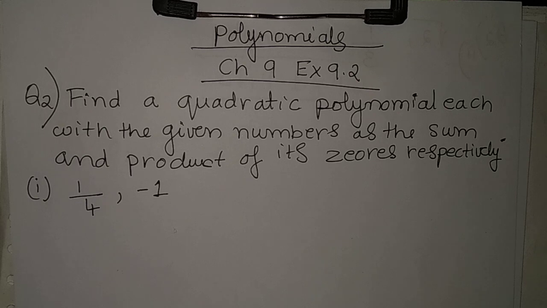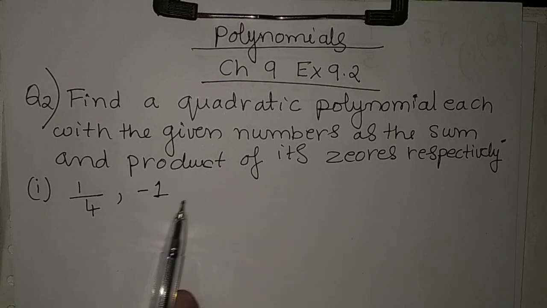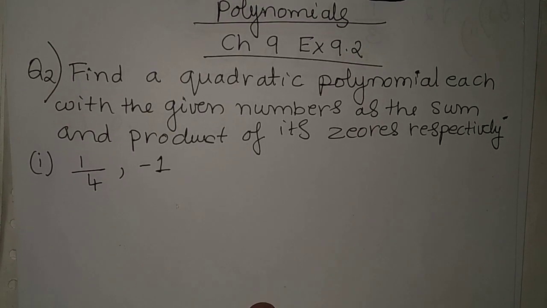Here in this class we continue with question 2. Question 2 is: find a quadratic polynomial, each with the given numbers as the sum and the product of its zeros respectively. We'll start the problem directly.